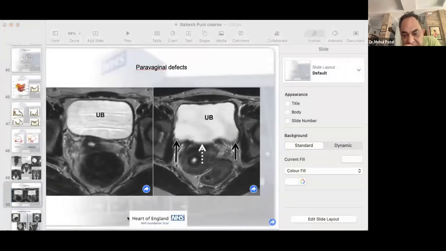So the chat question is how to identify between a high and a low transsphincteric fistula. Good question.